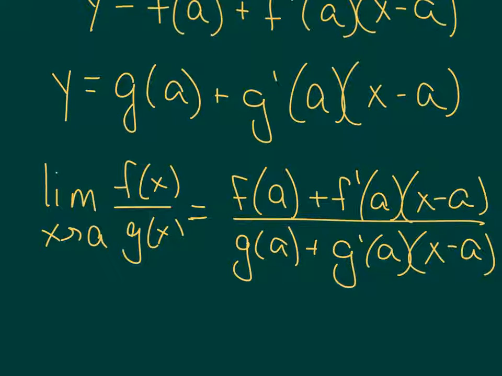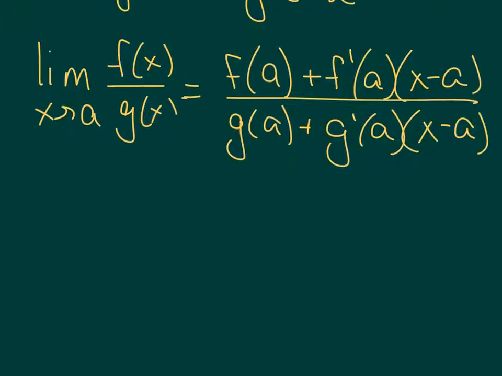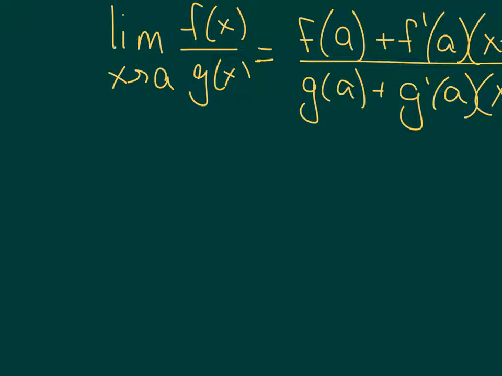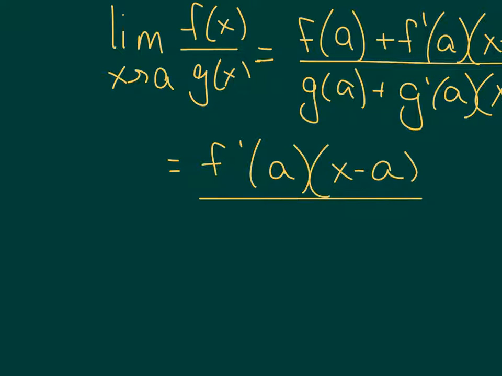But you, of course, are thinking ahead. This is what we had originally. And we already said f of a is 0 and g of a is 0. So our numerator is going to simplify into f prime of a times x minus a over g prime of a times x minus a.